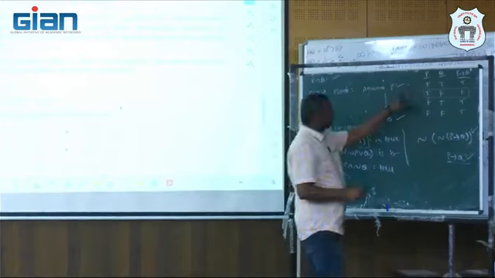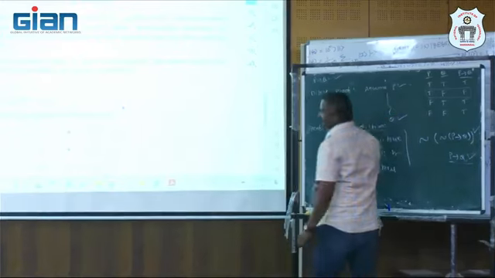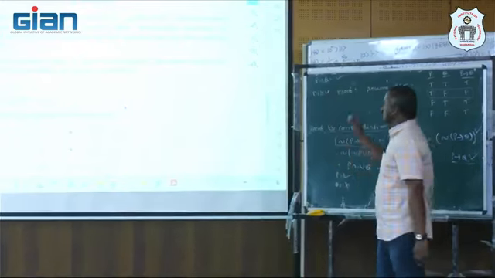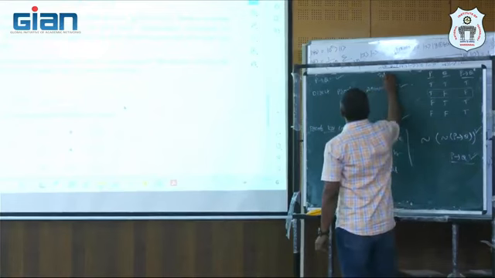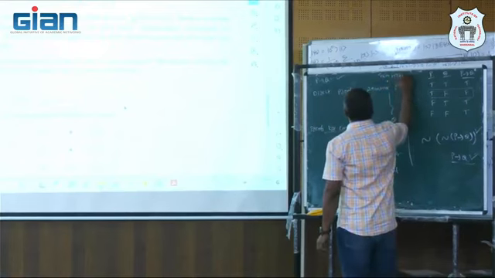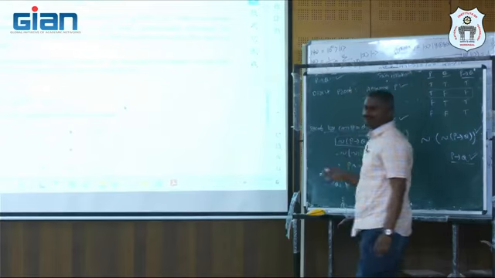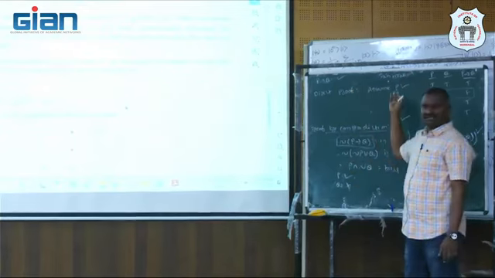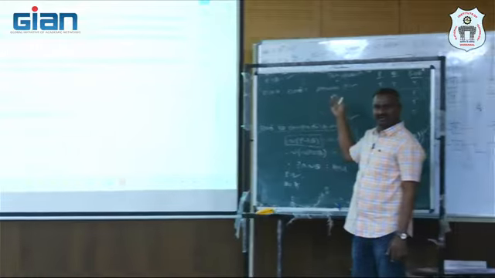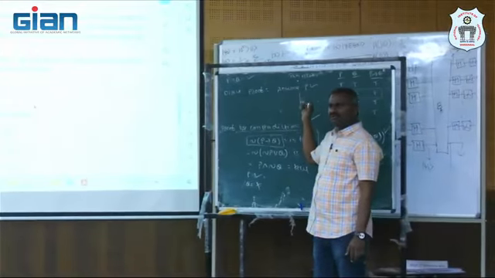Now sometimes the statement is not of the form P implies Q, so how do we prove it? It is only, say, root 2 is irrational. Is it of the form P implies Q? No, it is not of that form. Then what do we do?